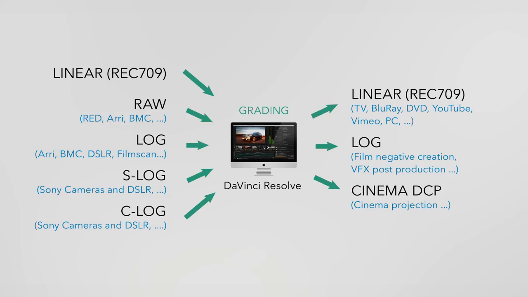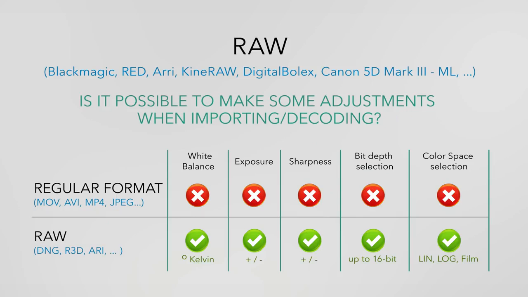Manufacturers gradually sought ways to improve the image quality of their cameras, and consequently, several new formats and image capturing modes have been developed. Currently, the so-called RAW video is one of the most popular ones. To simplify things, we can imagine it as data coming directly from the camera sensor, without any adjustments, which the camera normally performs when capturing video, for example, exposure, white balance, or the bit depth.